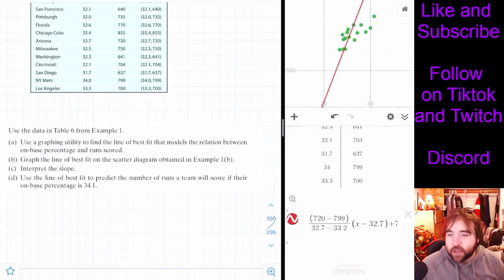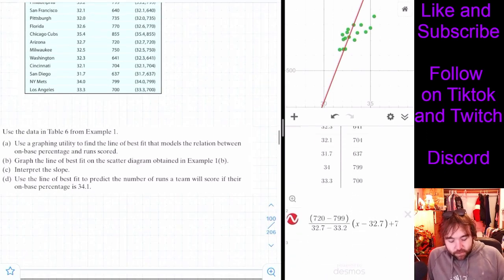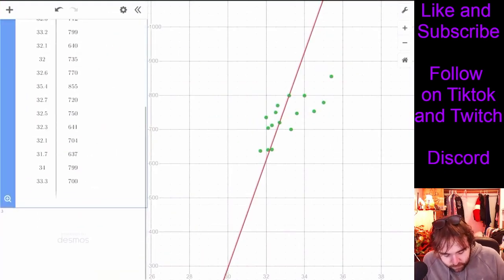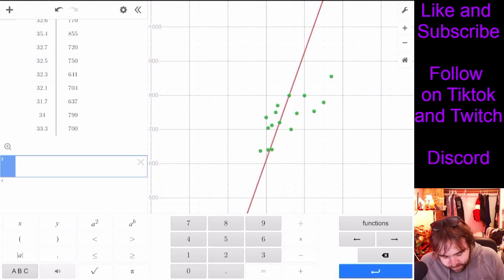So this is a thing calculators can find. I don't know the perfect way to do it on Desmos, but I can show you just kind of how to do it with equations. So let's find the best fit line. When we find the best fit line, just like for any line, we need a slope and we need a point. The point is the easiest one to understand.